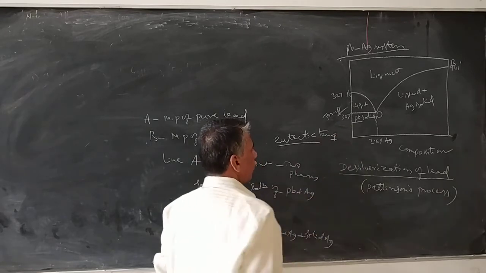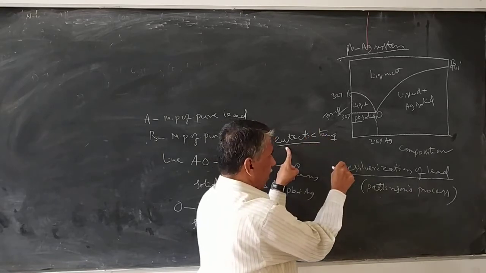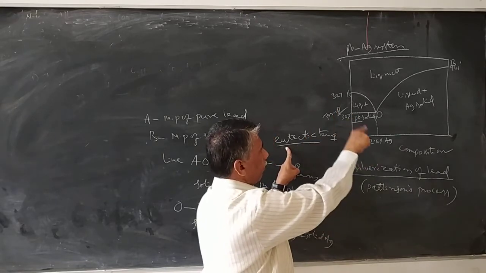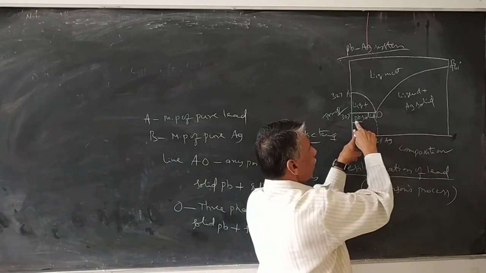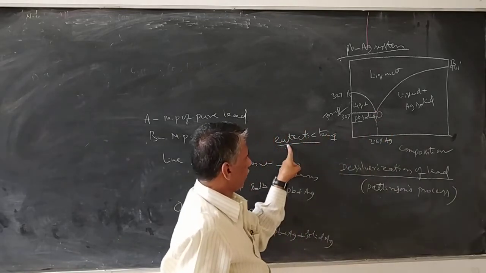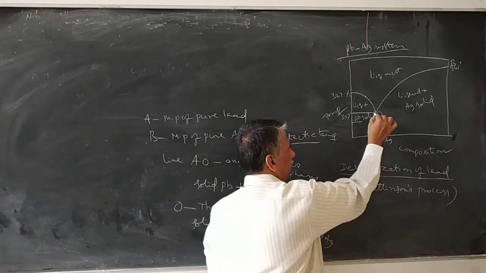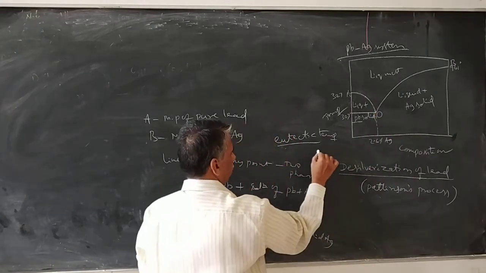So what is eutectic temperature? It is the minimum temperature obtained in the lead-silver system when silver is added to lead. This minimum temperature is known as eutectic temperature, and this composition is called eutectic composition.